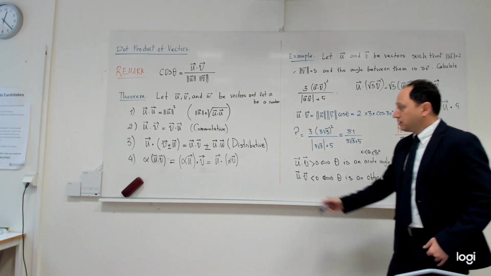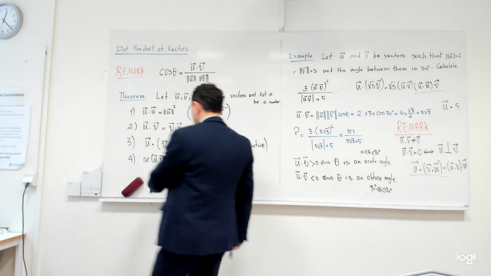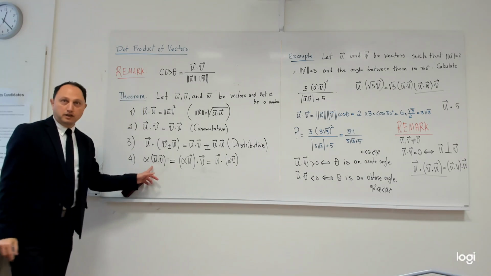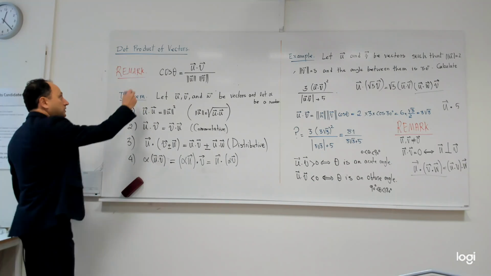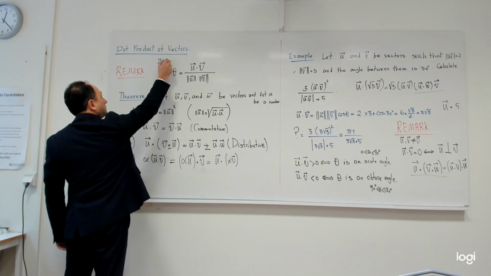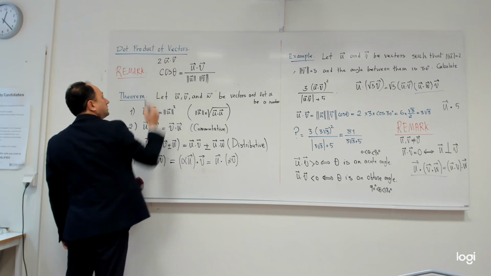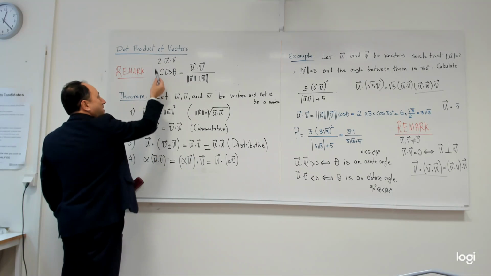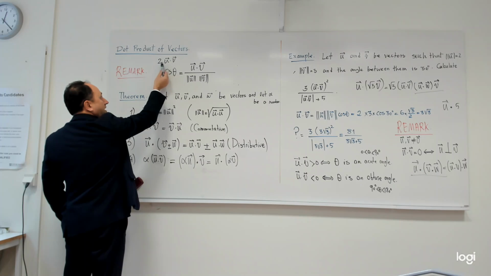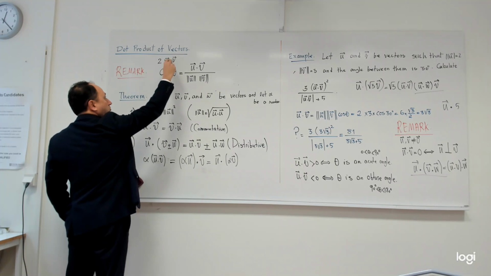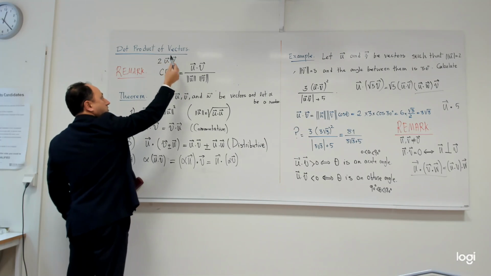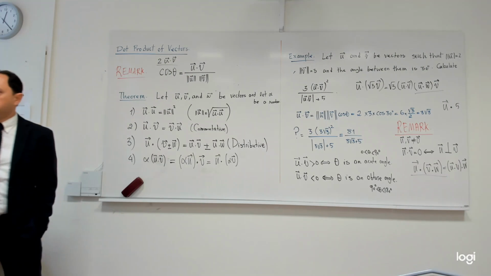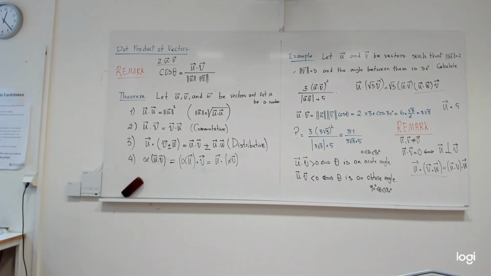And by the way, because of this property, I really don't need to put a pair of brackets around that. So if you see something like this, that is also meaningful. Because it doesn't matter if you multiply 2 by u first and then multiply it by v, or you multiply these vectors first and then multiply it by 2, the answer is the same. So we don't have to use a pair of brackets to prioritize which one we have to do first.